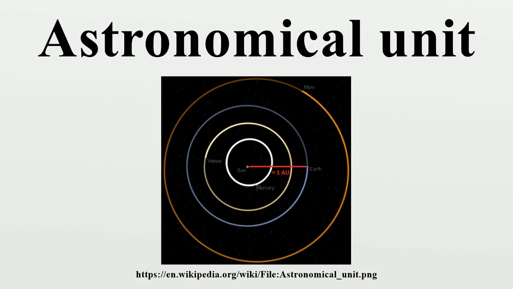This definition makes the speed of light, defined as exactly 299,792,458 meters per second, equal to exactly 299,792,458 times 86,400 divided by 149,597,870,700, or about 173.1446326742403 AU/day.